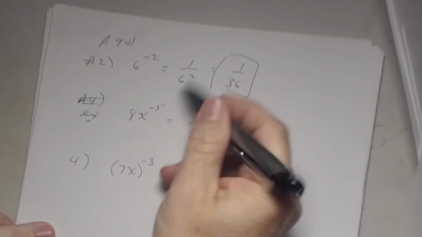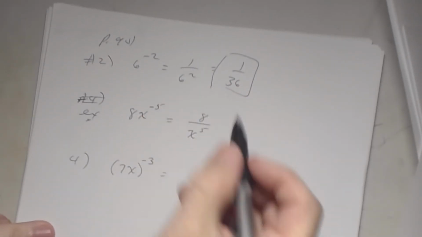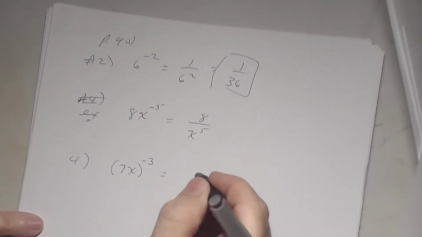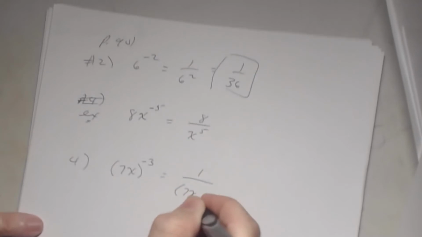What's being raised to the negative power? 7x. So how are you going to rewrite this? 1 over 7x to the 3rd. So write in that step. Remember someone said, can you skip that step in number 2? Yes, but this one you may not want to.